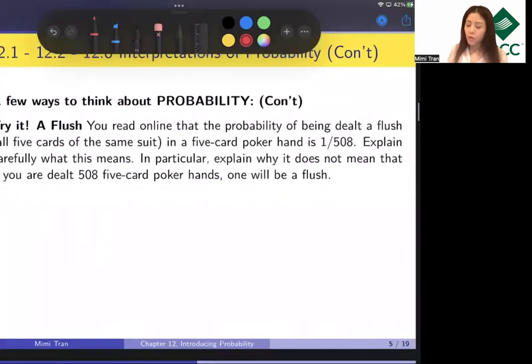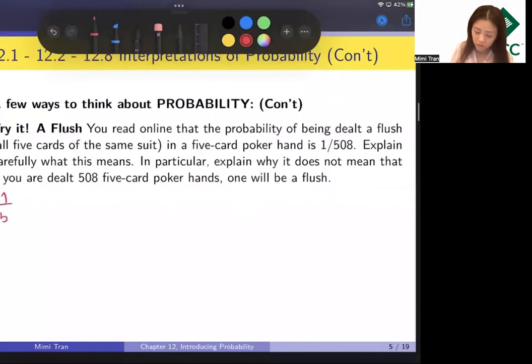Okay, so what does it mean when you're dealt 508 5-card poker hands? The number 1 over 508 means that when you are dealt 5-card poker hands, you are likely to get a flush. You're likely, but it doesn't mean that you will get one.